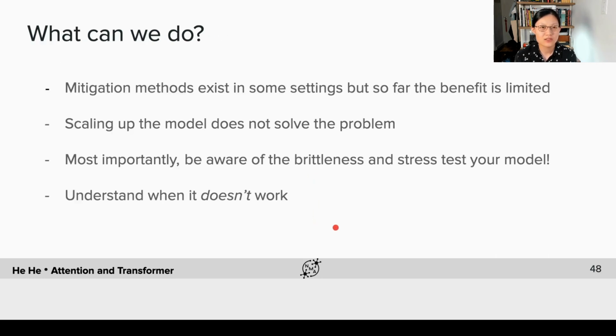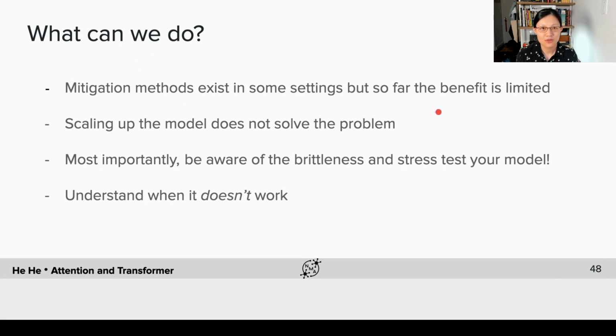Now, given that our models are not robust to even slight perturbations of the input sentence, what can we do? Can we still deploy this model in practical applications? First, I should mention that there are mitigation methods, and it's an active research area.